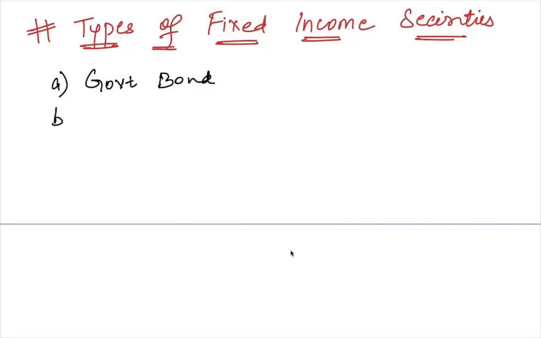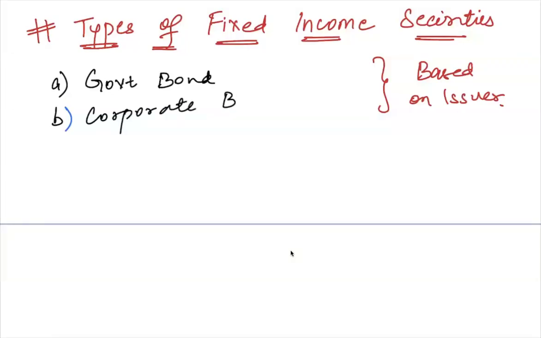So these are based on issuer. You see government bond, then you see corporate bond, you see municipal bond.